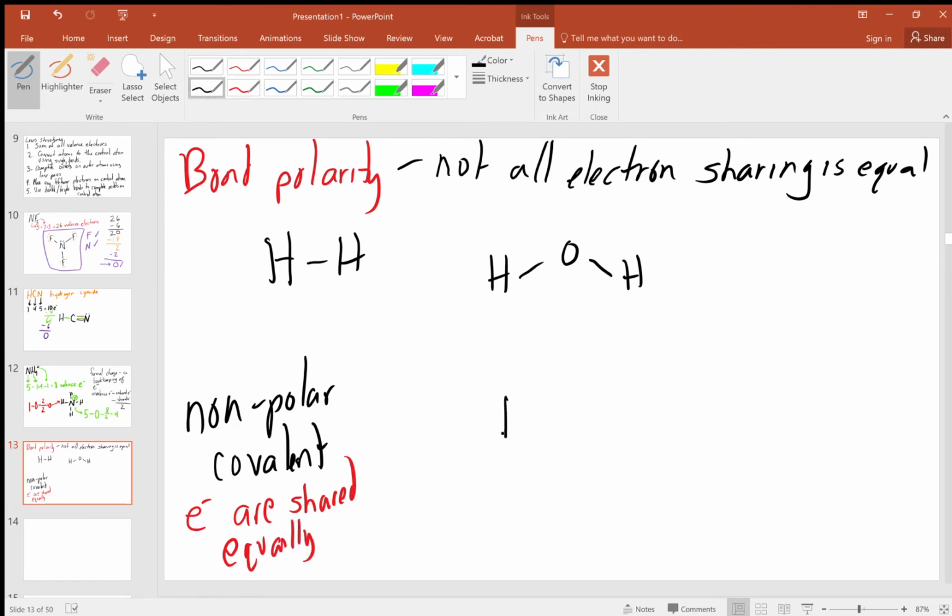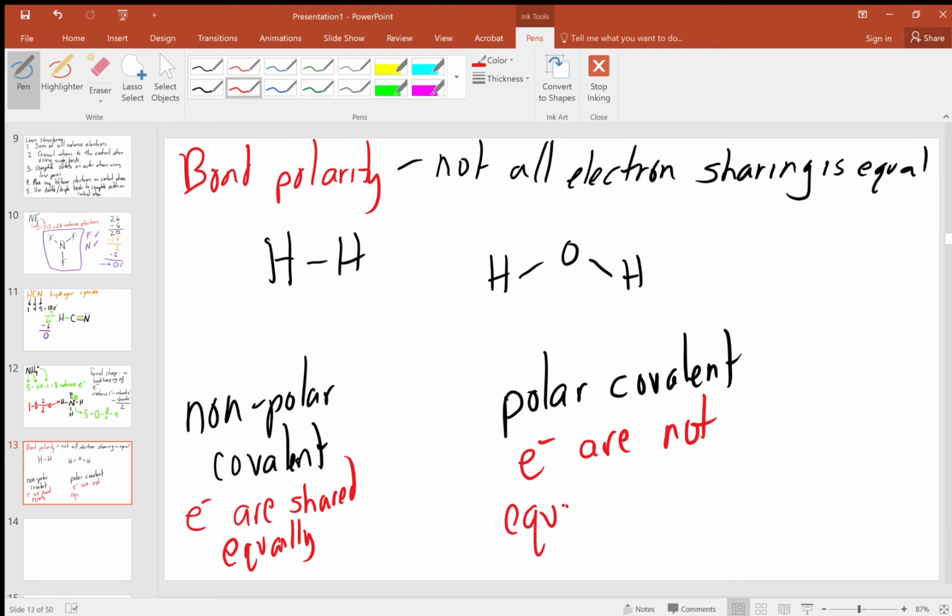But in water, which is what we would say is polar covalent, the electrons are not equally shared. Now, how do we determine this?